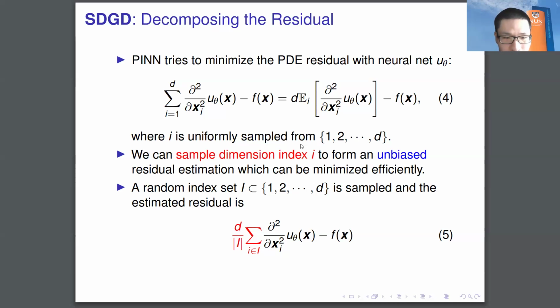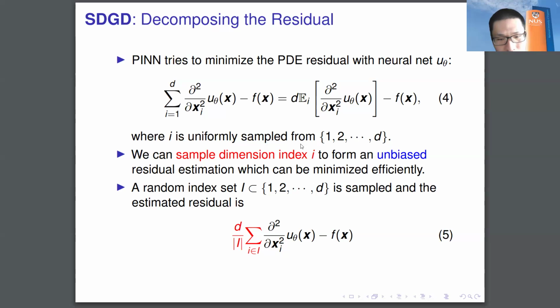So the key idea is that we randomly sample an index set I, which is a subset of all dimensions. After we sample it, we can estimate the residual randomly and cheaply using the expression in equation 5. So the key is the red part.